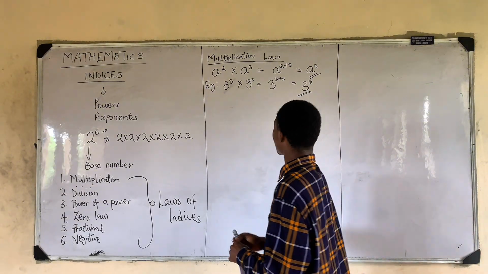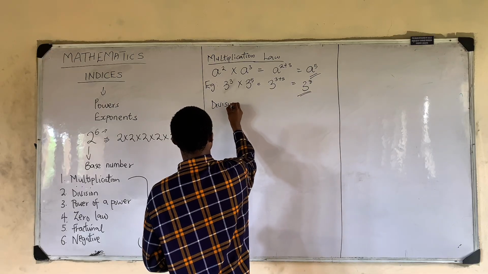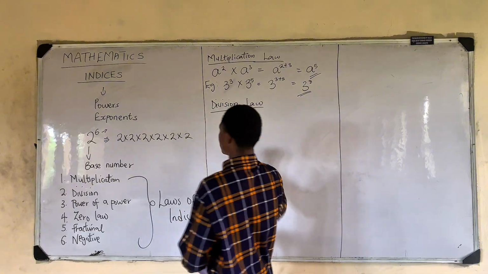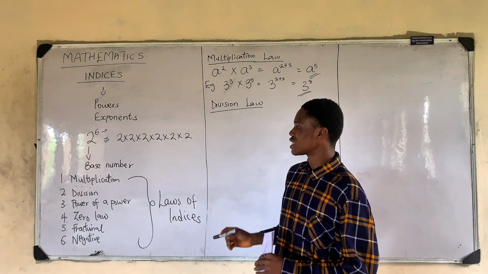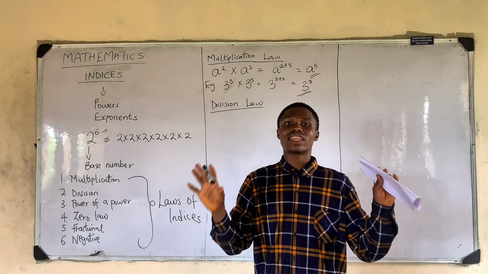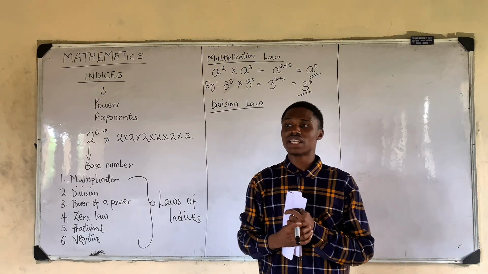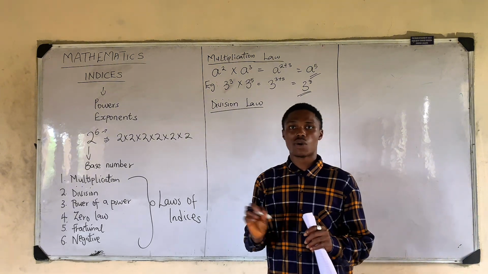Now the second one we have is the division law of indices. This law states that when the base numbers are the same, we subtract their powers.